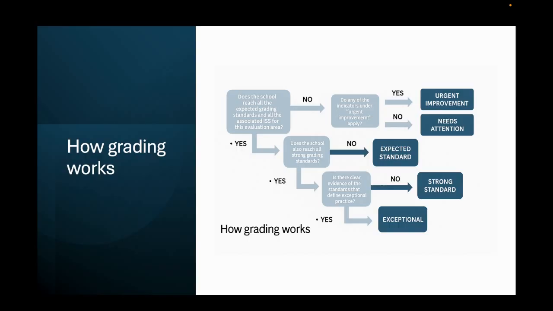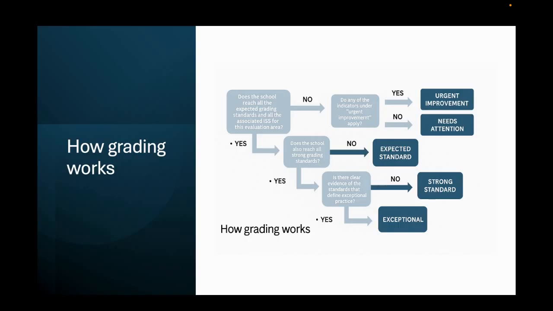The first step is to determine whether or not a school has achieved the expected standard in whatever evaluation area you're looking at. So that's where inspectors will start. Have you achieved the expected standard? If yes, could you have achieved a strong standard? If yes, have you maybe achieved the exceptional standard?